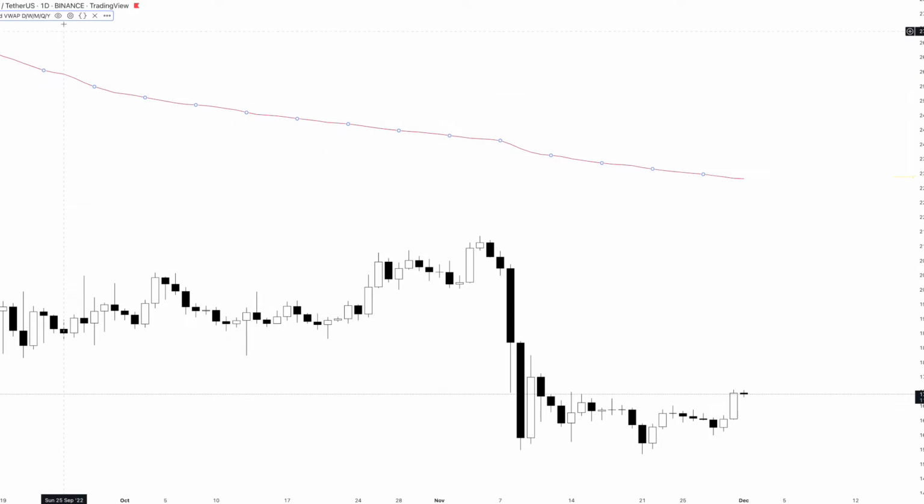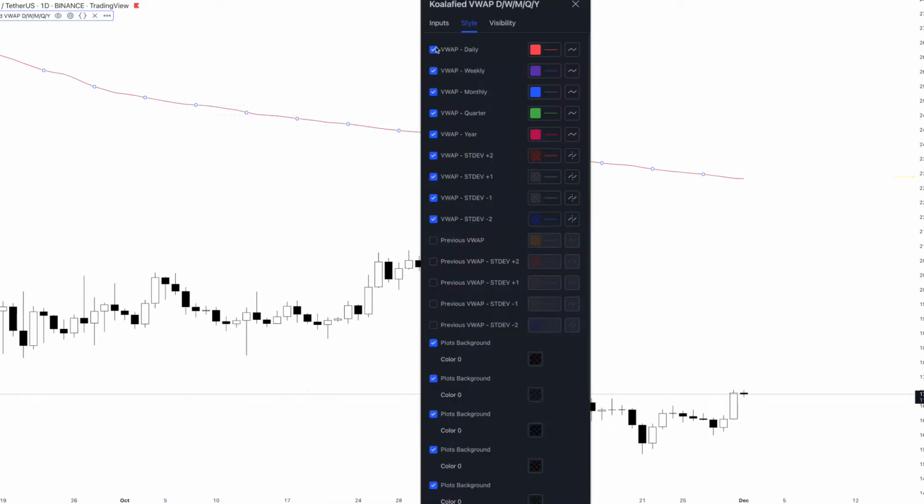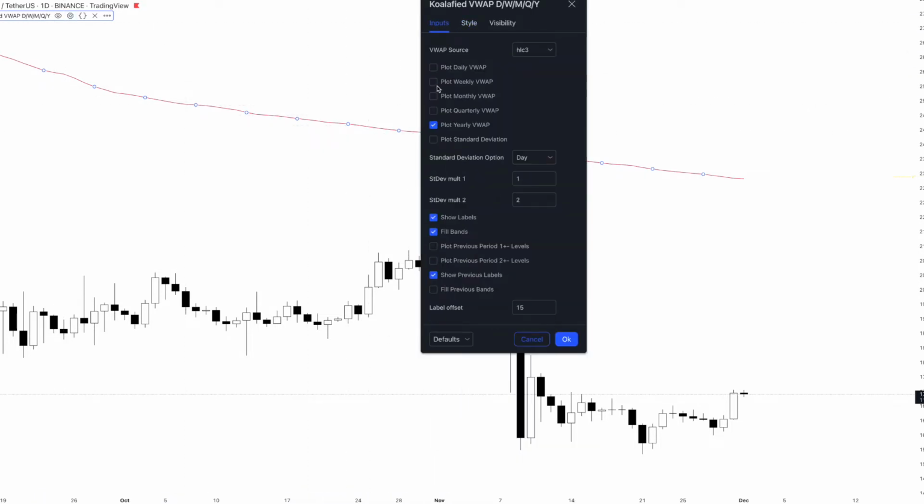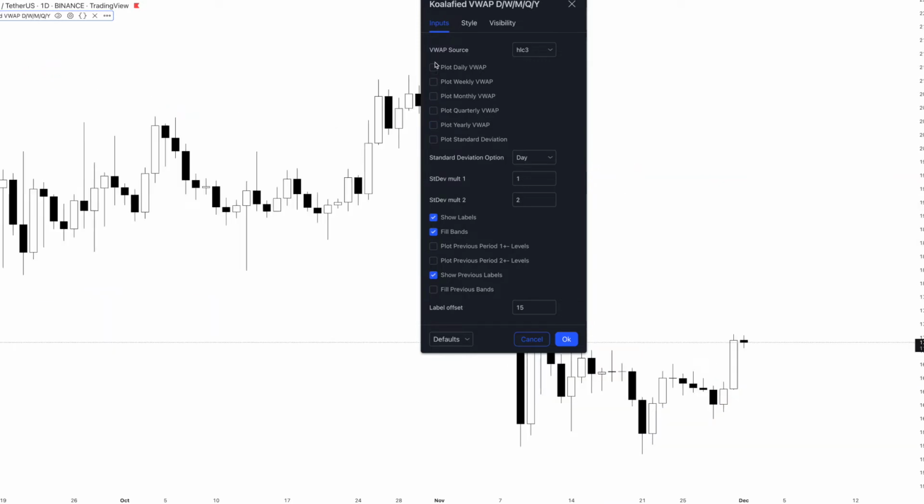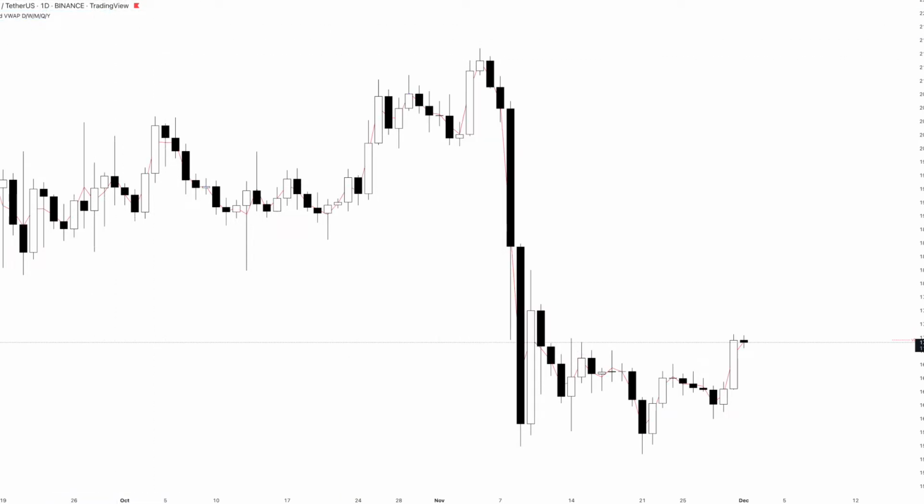On the daily, you can certainly then come in and start using your weeklies, monthly, quarterly, whatever you want. Play with it, play with the standard deviations, because that is going to be how this strategy is used.